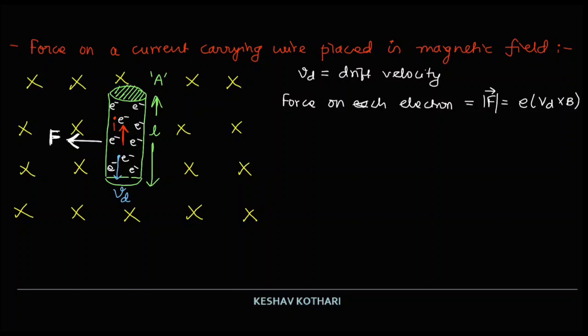So if I consider that the length of this conductor is L, having cross sectional area A, and the number of free charge carriers is n per unit volume, I can say that the total force on all these electrons combined will become nEAL Vd into B. So we get an expression like this: nEALVd B, where n is the carrier charge density, A is the cross-sectional area of the wire, and L is the length of the wire.